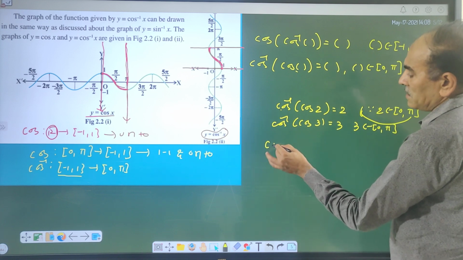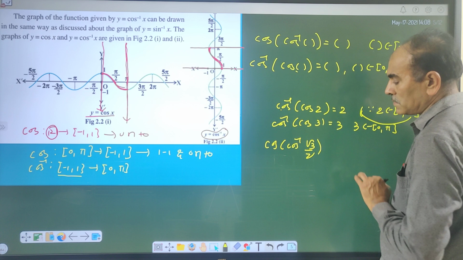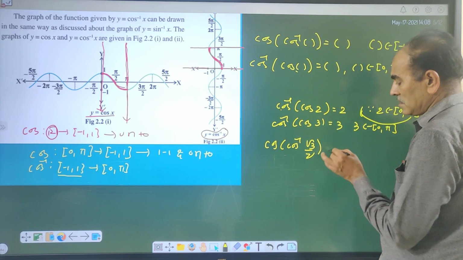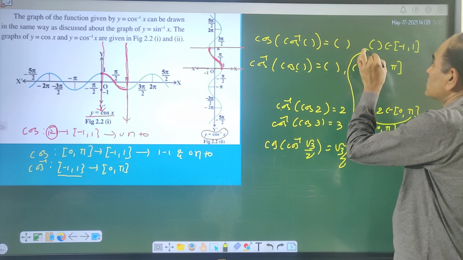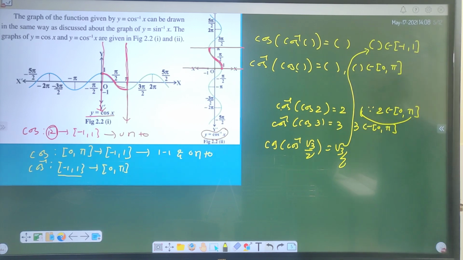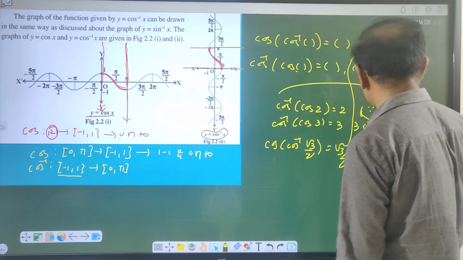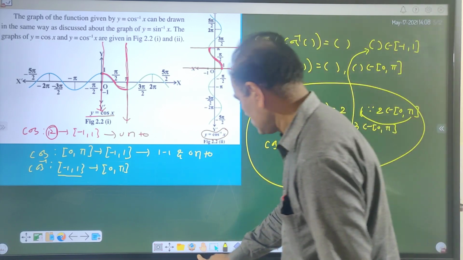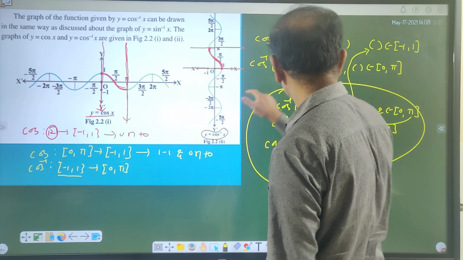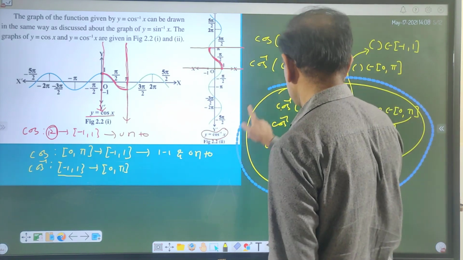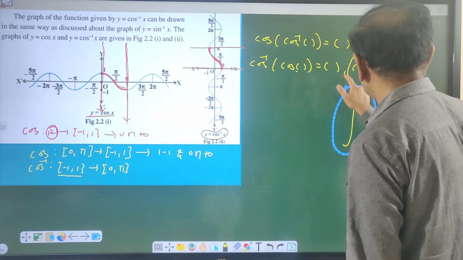Now, if we wish to find cos of cos inverse root 3 by 2, that is equal to root 3 by 2. Why? Because root 3 by 2 belongs to closed interval minus 1 to 1. So these are the most important forms as far as the cos function is concerned.